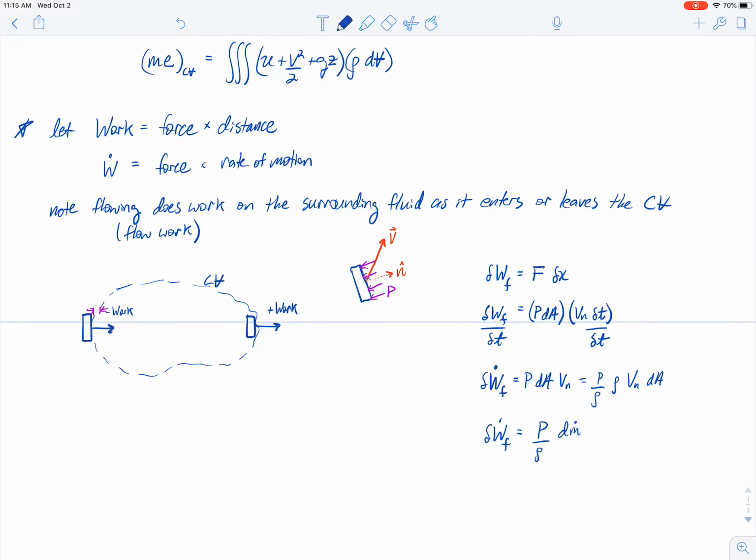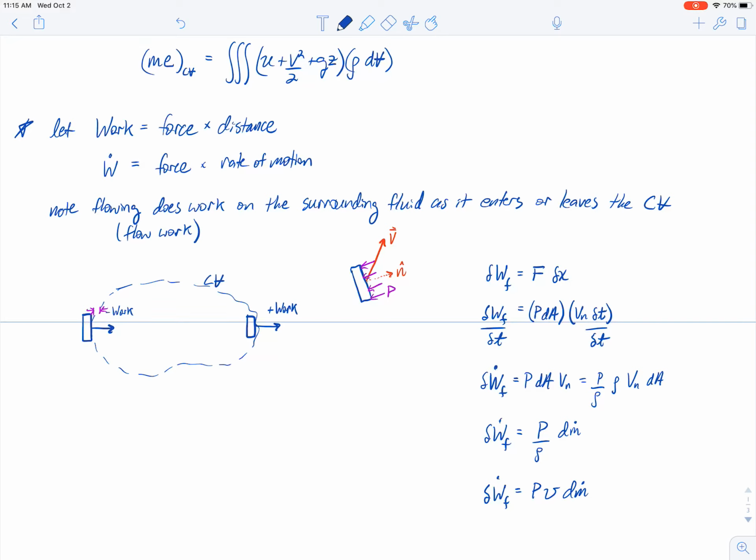And furthermore, the inverse of density is specific volume. So my rate of work of the fluid as it's entering or leaving my control volume looks like a pressure times a specific volume and differentially times a differential flow rate.